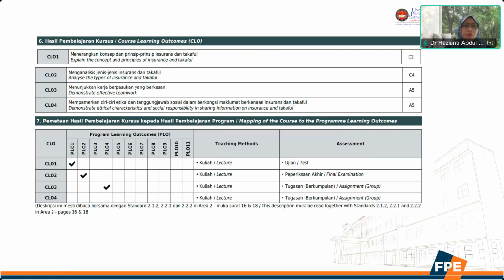And for CLO 3 and 4, we will focus more on your effective teamwork as well as ethical characteristics and also your social responsibility in sharing information. All right, so we are going to have a lecture, and for the first 4 weeks, we're going to have an online lecture. You will be assessed based on a test, final exam, as well as group assignments. But under the group assignments would be marks coming from your quizzes as well as forum questions.